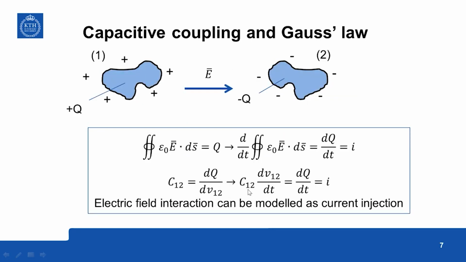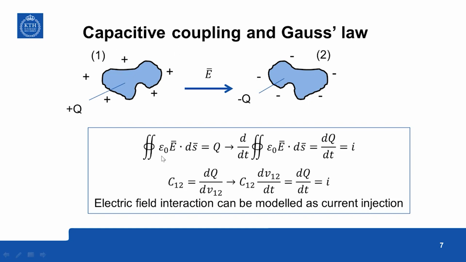Now, how do we model capacitive coupling? The relationship between the concept of capacitive coupling and Gauss's law we have seen in chapter 2, which is reproduced here. If you take a closed surface around it and take all the flux lines, epsilon 0 E normal to that, that will be equal to the charge contained within that closed surface.